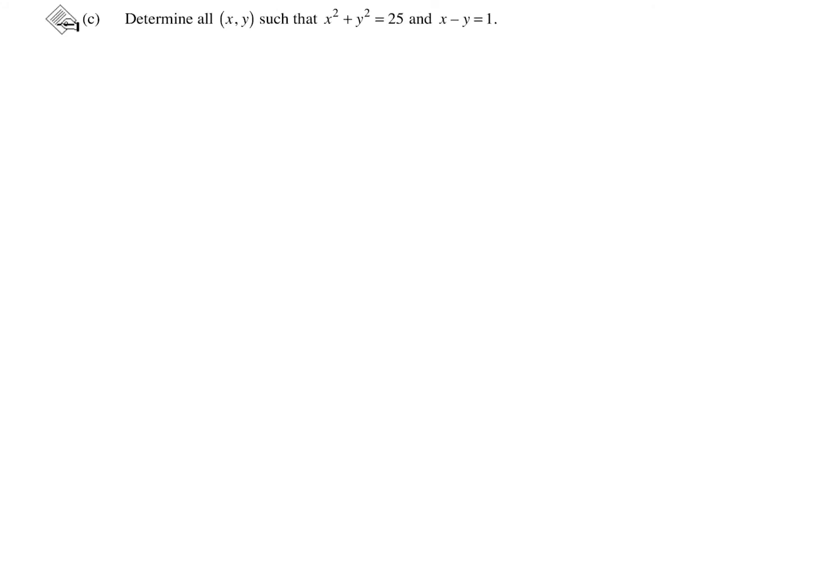Determine all x, y such that x squared plus y squared is equal to 25 and x minus y is equal to 1. So we can substitute one into the other, whichever way you want to do this is fine. Use 1 plus y for x, and substitute that into this equation.